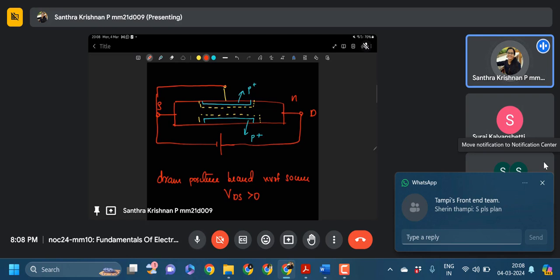When VDS increases, the current flow in the channel increases. But this part of the channel starts to narrow.